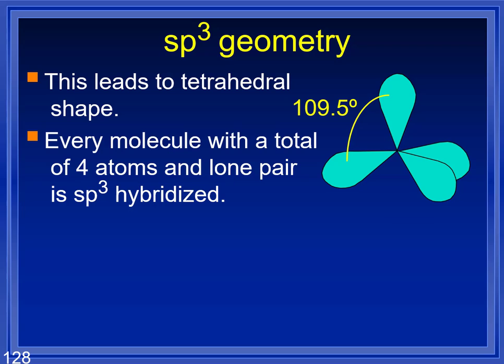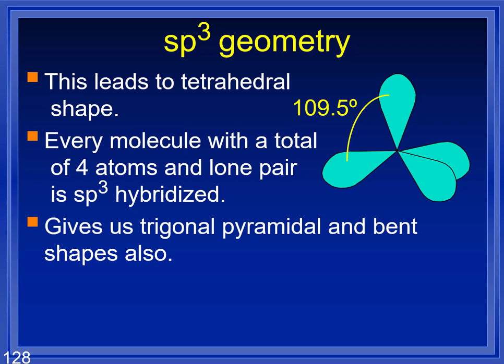Anytime you need 4 places to put electrons, you need an s and 3 p's, because an orbital is a place to find electrons. So it's not a new decision, it's a new label on the same decision. On our big blue table, every one that said 109.5, we could have made a column that said hybridization, it's sp3.